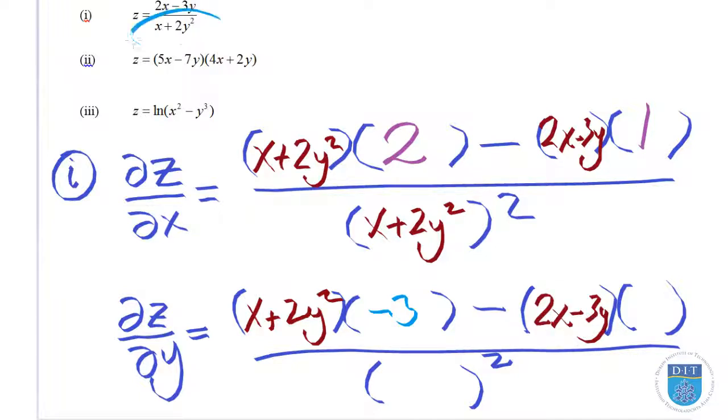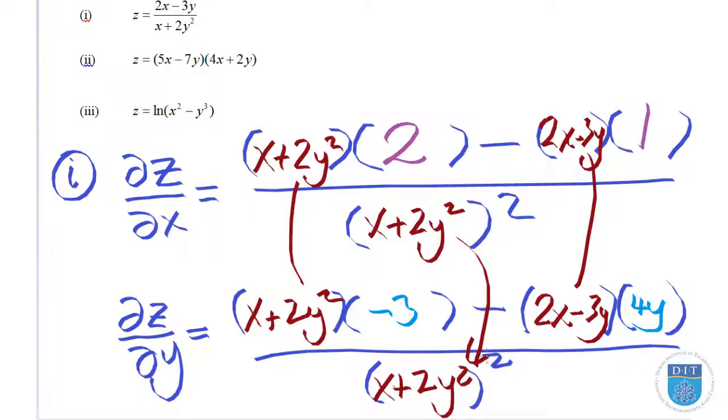Looking at the bottom, there is a y here, and it's going to be 4y when I differentiate that. There it goes in that bracket, all over the bottom squared again, x plus 2y squared. So look at how these don't change. The only thing that changed between the two derivatives were the purple and blue expressions in those second brackets.